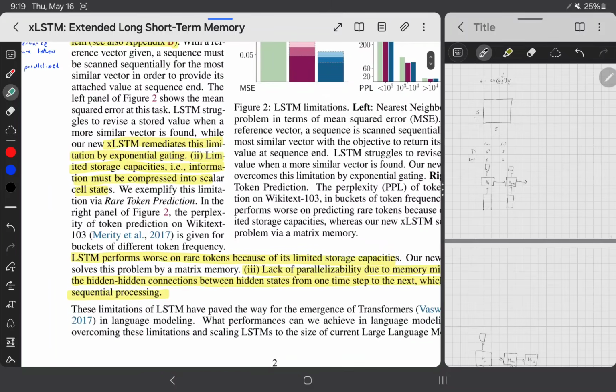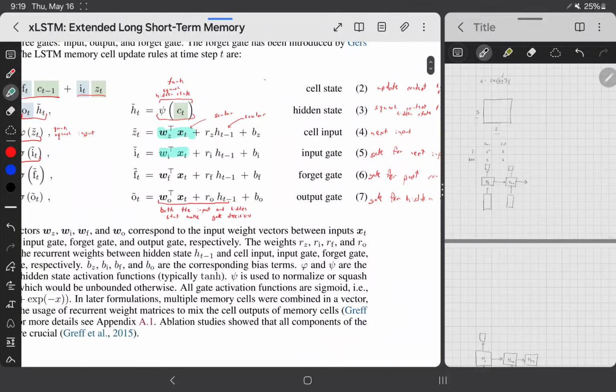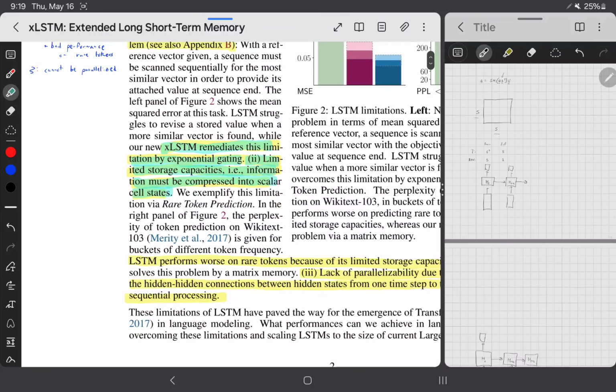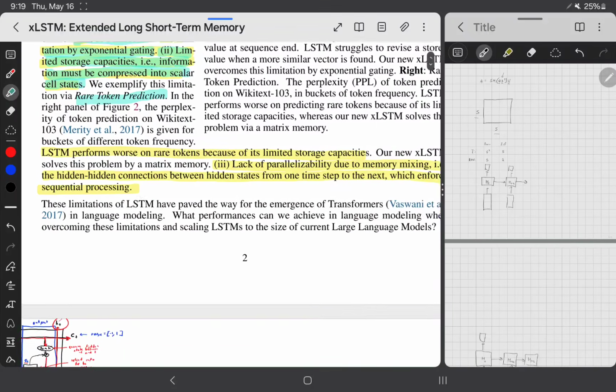And then they fix it with the exponential gating, and limited storage capacities, i.e. information must be compressed into a scalar cell state, because remember that these are inner products, so these are all scalars here, not vectors. They say that they fix that by making it vectors rather than scalars.